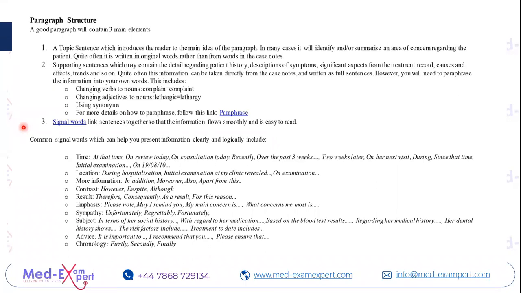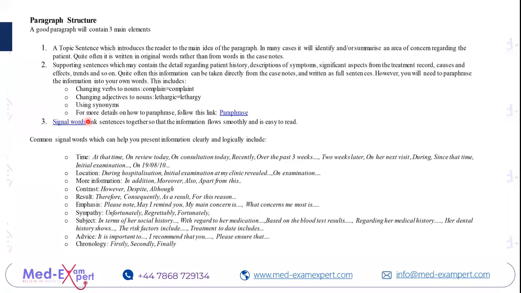Okay, the second thing is your supporting sentences, which includes the patient history, symptoms, treatment record, causes, effects, and so on. Changing of some of the words, like complaint to complaint. So the patient presented today with complaints of. Okay, so instead of writing complaint, you will be writing complaint. Okay, the patient has been lethargic.